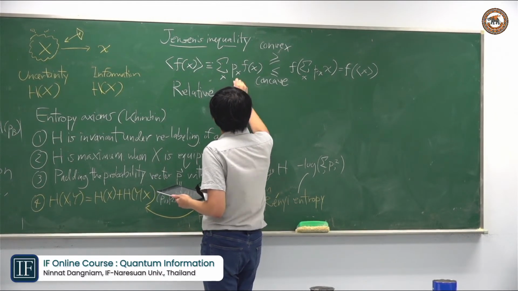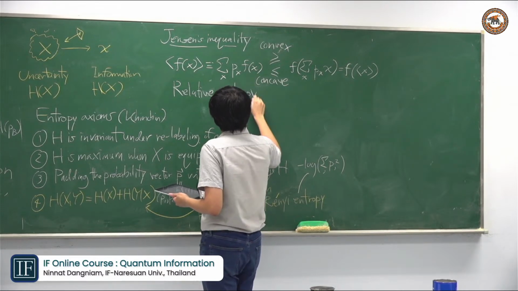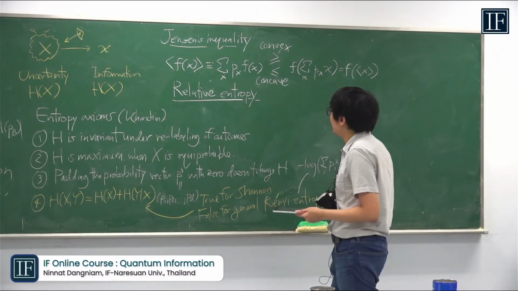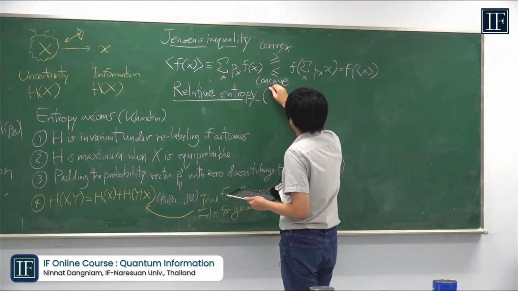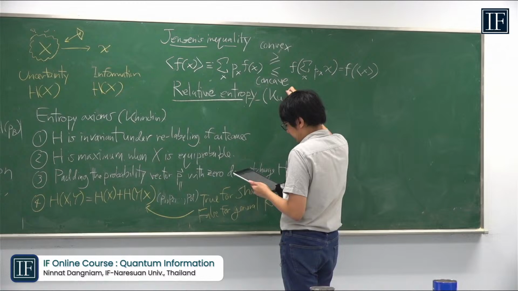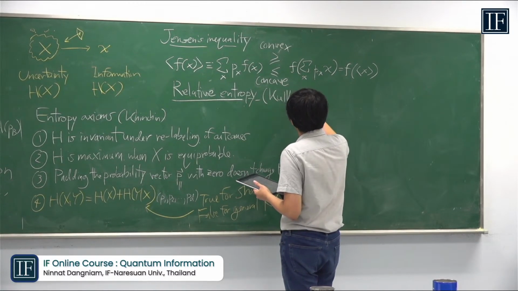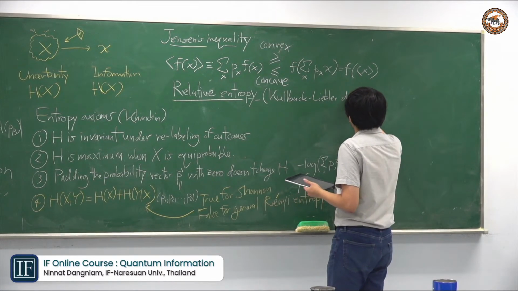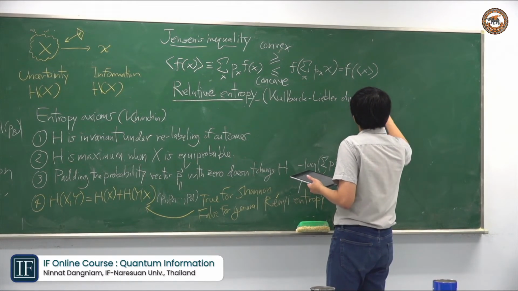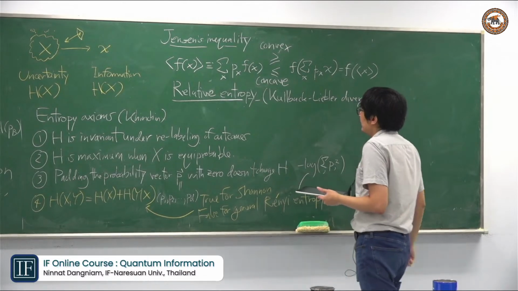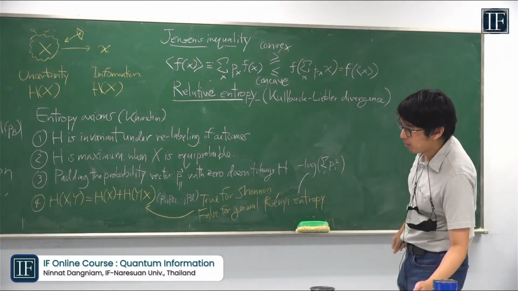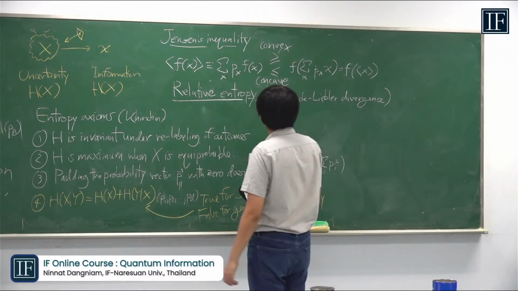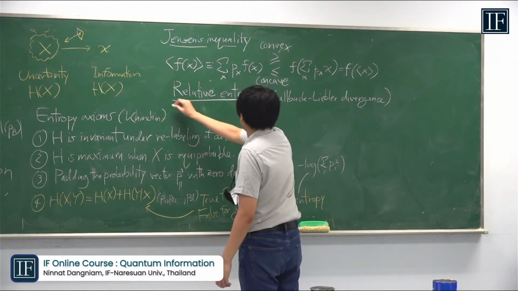There's also another quantity that often appears called relative entropy or KL divergence. It's Kullback-Leibler divergence, and it is a way to compare two probability distributions. Maybe there's not enough space here.